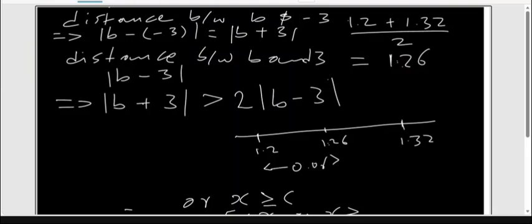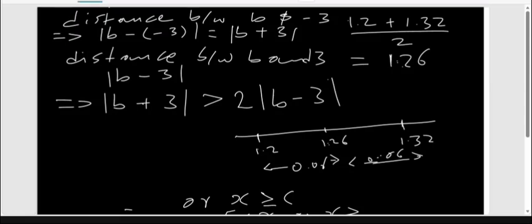And also the distance between here, if you check it too, is 1.32 minus 1.26, which is 0.06.